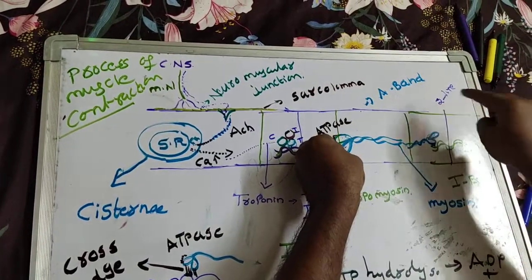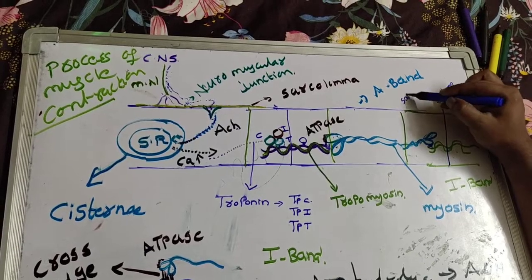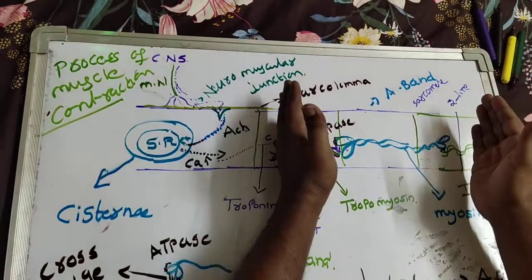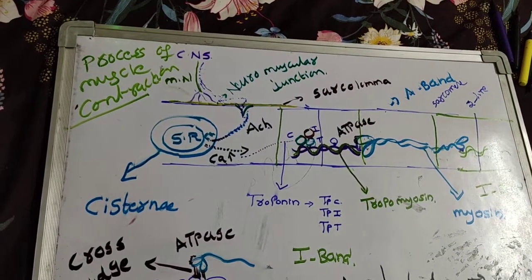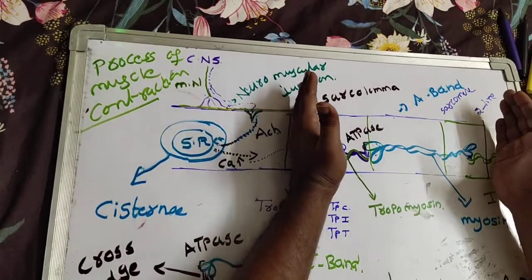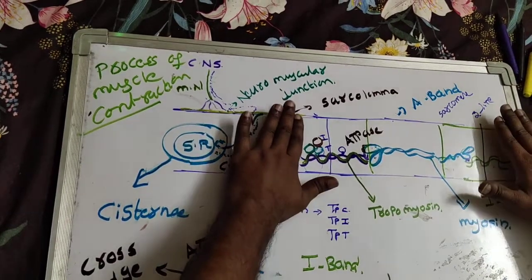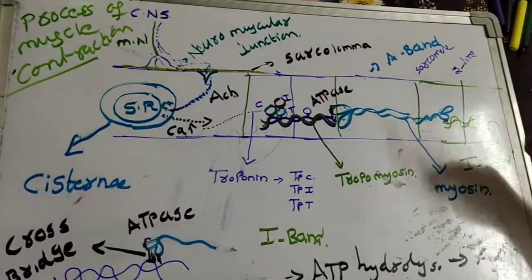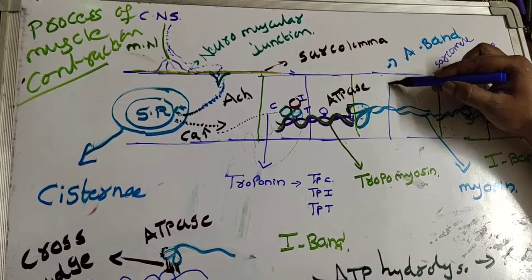Between two successive Z lines, that is called what? Sarcomere. I already said sarcomere. Now when it is pulled like this, what will happen? The sarcomere length decreases. That's the first point: at the time of muscle contraction, the sarcomere length decreases. And also the I band moves towards the A band. And also, in the A band, I already said there is a zone.